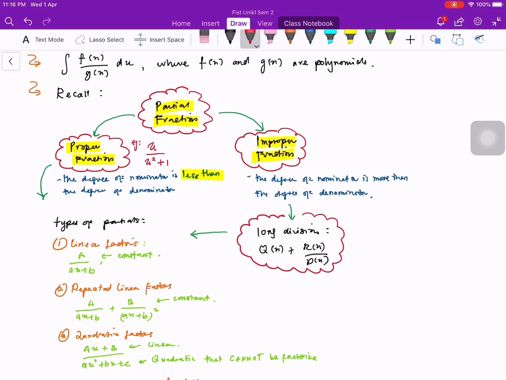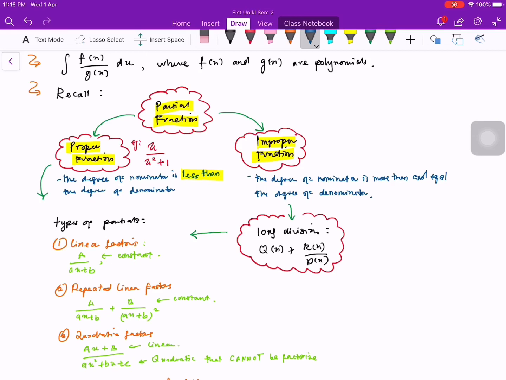For improper fraction, the degree of the numerator is more than and equal to the degree of the denominator.